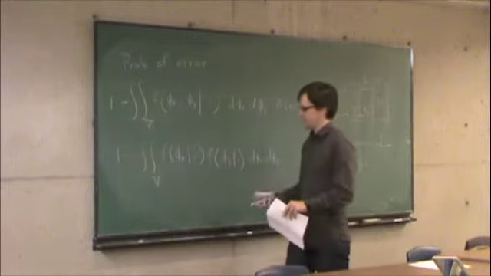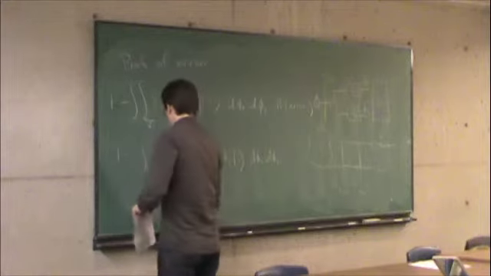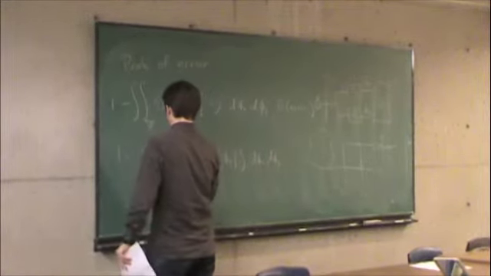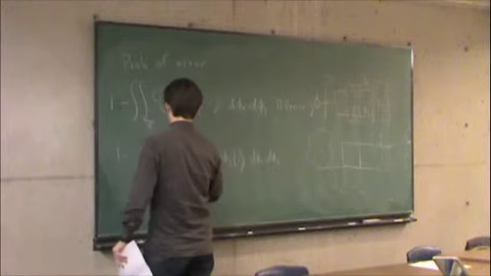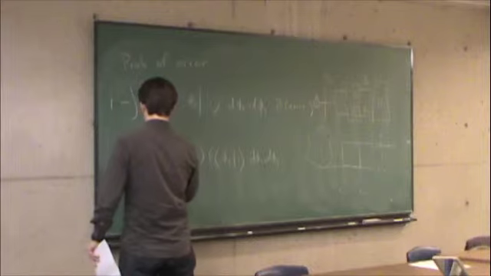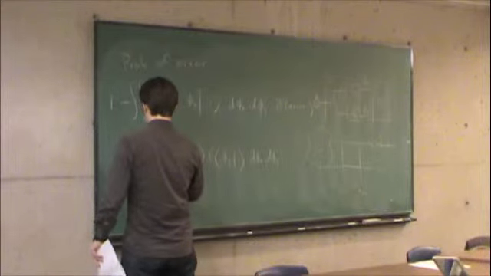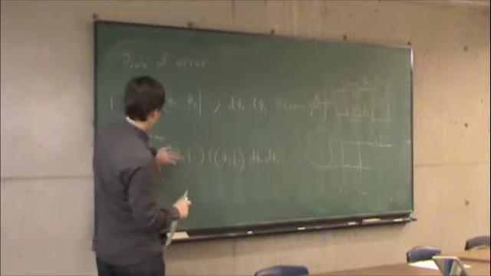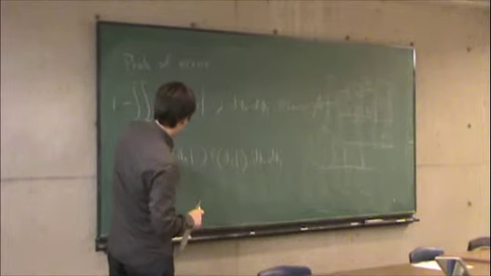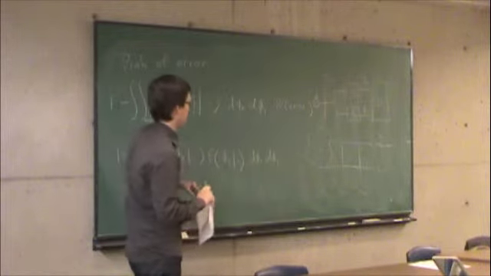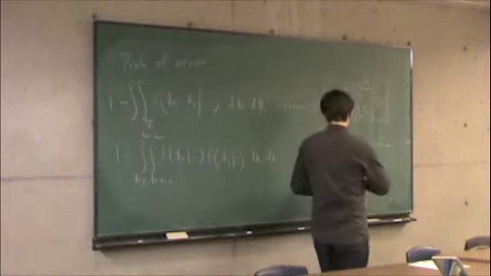So if that's true, then my integrals are now from phi x equals x min to x max, and phi y equals y min to y max. Now, this integral doesn't depend on y, so I can take this term out, and basically I can separate the two integrals.